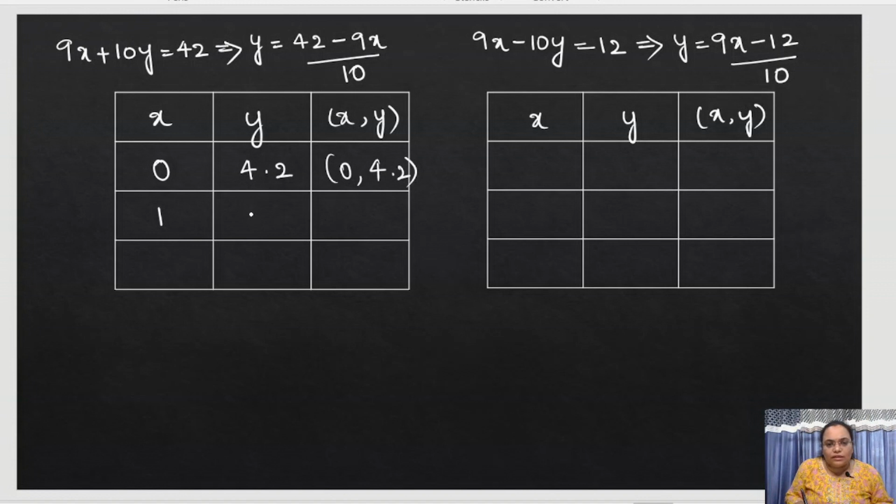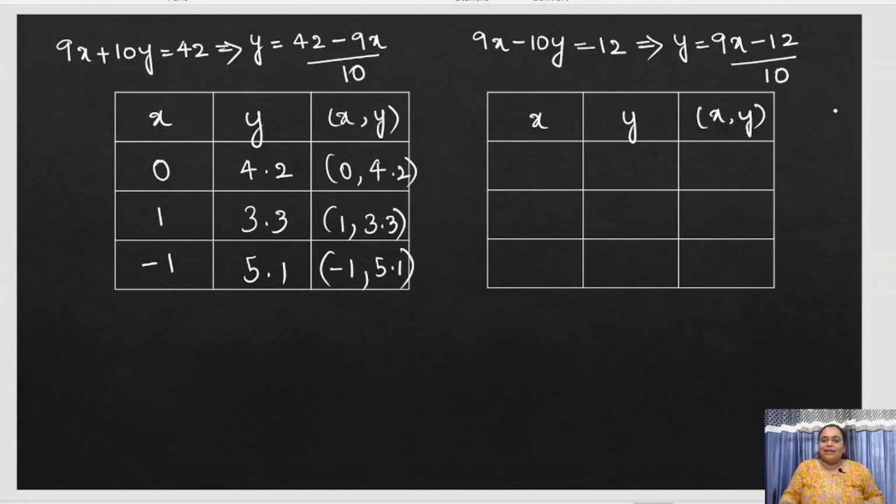So 33 by 10 is 3.3. Points are 1 and 3.3. So let us take minus 1. Let us substitute x is equals to minus 1. This will become plus 9. You will get 51 by 10 is 5.1. So coordinates are minus 1 and 5.1.